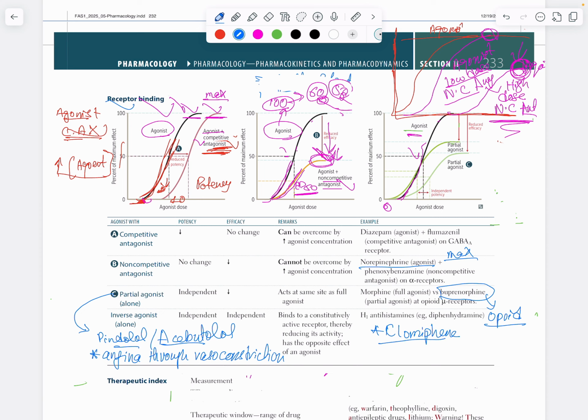Clomiphene is a partial agonist of estrogen receptors, acting on the estrogen receptor in the hypothalamus. It blocks the negative feedback and increases the level of LH and FSH, and it is mostly used for infertility and in PCOS, polycystic ovarian syndrome. That is all about receptor binding: competitive antagonists, non-competitive antagonists, and partial agonists.